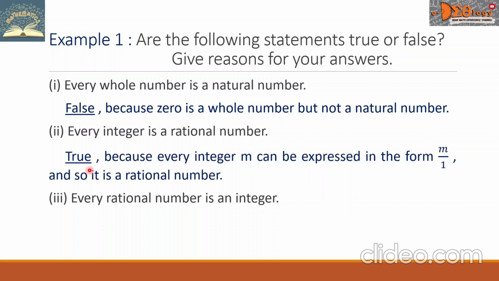This is true because every integer m can be expressed in the form m over 1, and so it is a rational number. Statement 3. Every rational number is an integer. This is false because 3 over 5, a counterexample, is not an integer.